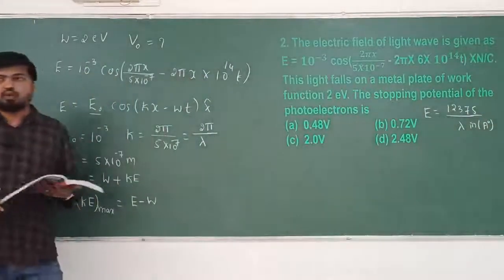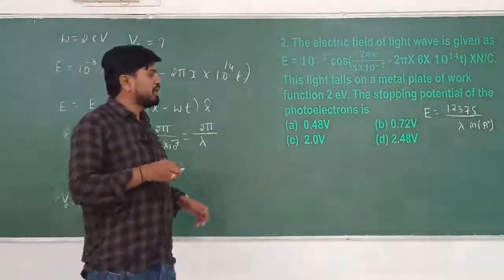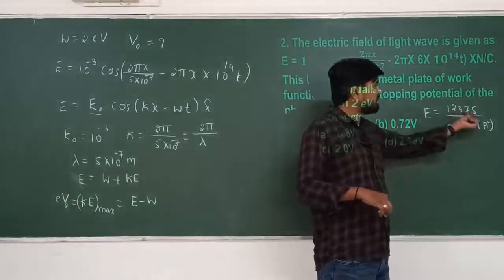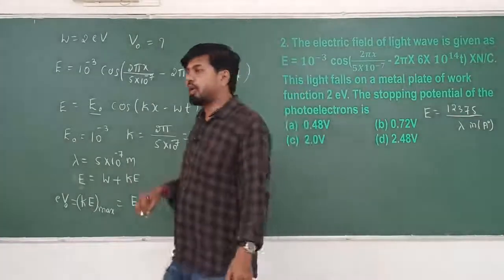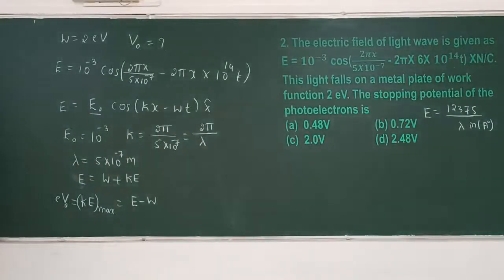E is equal to h nu; if we substitute nu as c by lambda, all the data we can substitute. Finally we get 12375 whole divided by lambda in terms of Armstrong.